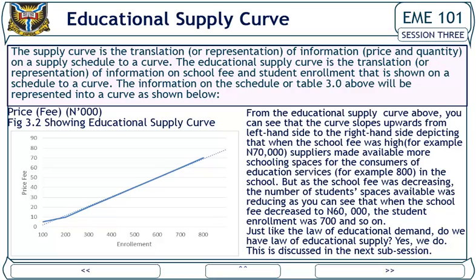But as the school fee decreased, the number of student spaces available was reducing. As you can see, when the school fee decreased to 60,000 naira, the student enrollment was 700, and so on. Just like the law of educational demand, do we have a law of educational supply? Yes, we do. This is discussed in the next subsection.